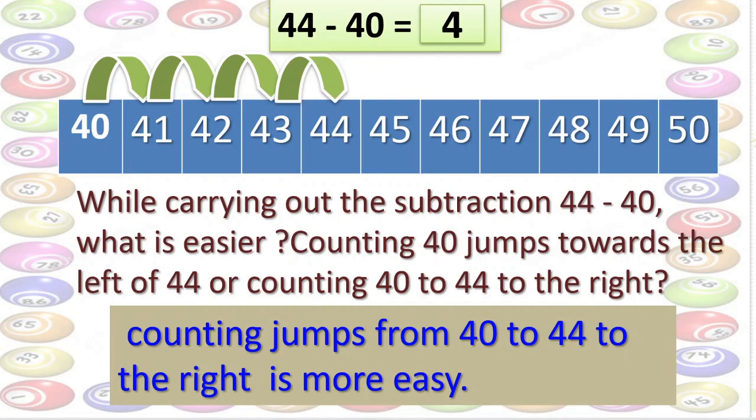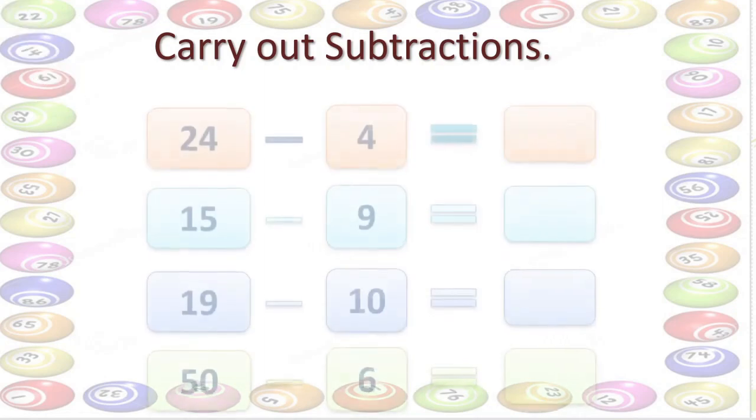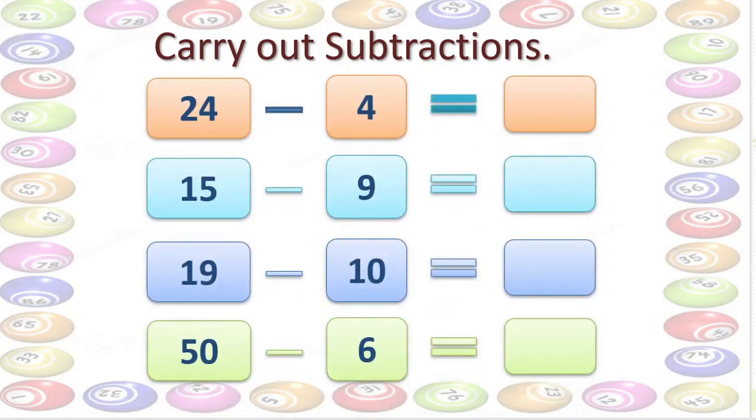Correct? Good. Here, dear children, this is homework for you. Carry out subtractions. You have to decide which method you have to use. Counting forward or counting backward to get the correct answer. 24 minus 4.